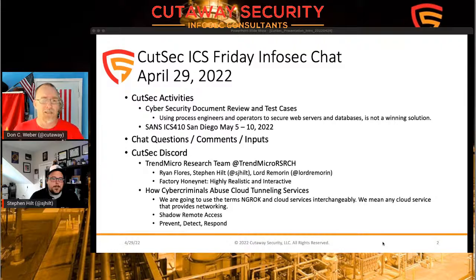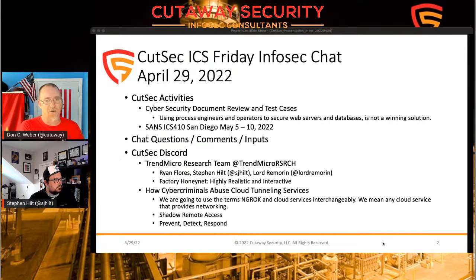The key thing I'm thinking about today is the challenge of trying to use process engineers and operators to secure applications like web servers and databases. In my mind, that is not a winning solution for any organization. You really should be leveraging your experts in those types of applications to secure those.